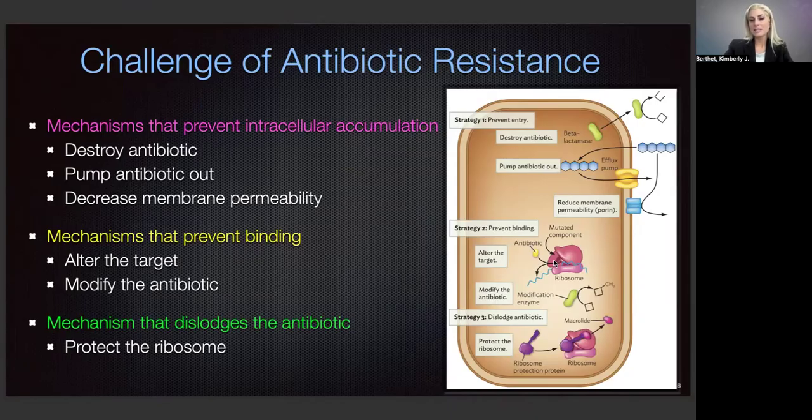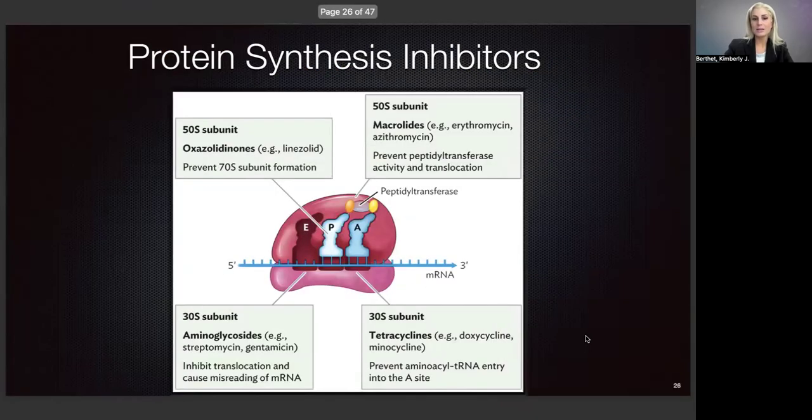We also have mechanisms that can dislodge antibiotics. So here we see our ribosome, and we see the ribosome protective protein. So here we have macrolide trying to alter the ribosome, which we saw back here. Macrolides work on the 50S subunit here.